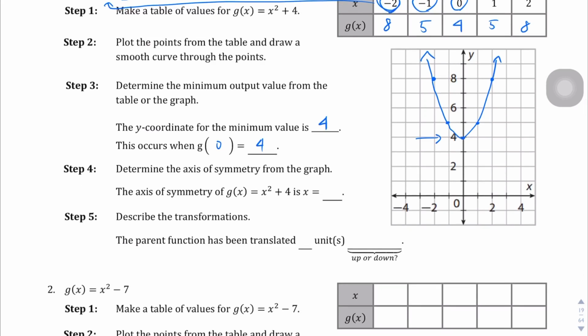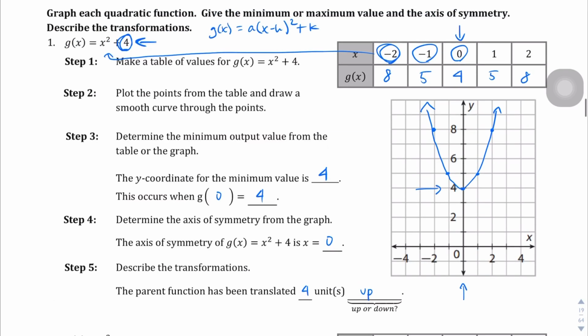Well, like we said, the axis of symmetry is here just at x equals 0. And describe the transformations. Well, the parent function has been translated 4 units up. It hasn't gone left or right. And again, we can tell just by looking at that k value up there. 4 units up, because it was positive 4.